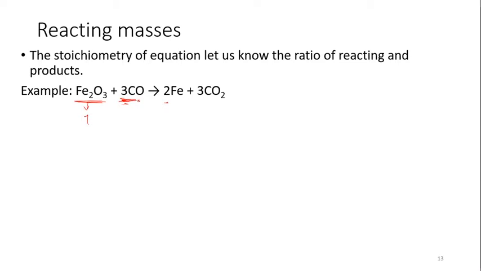I said carbon monoxide because the C is capital and the O is capital. And my products are 2 moles of iron, and 3 moles of carbon dioxide. So from that ratio, I can know the number of moles.